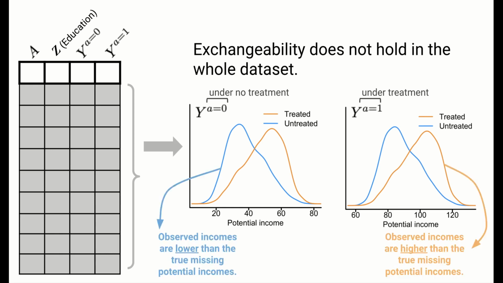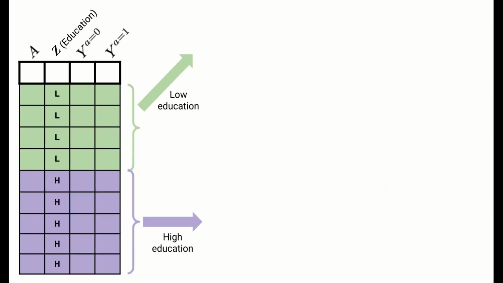The observed data are not representative of the missing potential outcomes, and we would have a biased estimate of the causal effect of the economic program on income if we directly compared the average income in the program users and non-users. So while exchangeability doesn't hold when looking at the entire data set at once, there's still hope for being able to estimate valid causal effects because exchangeability can still hold in subsets of the data.